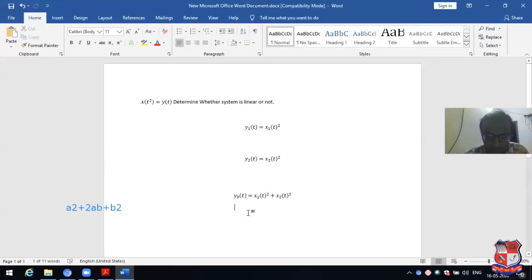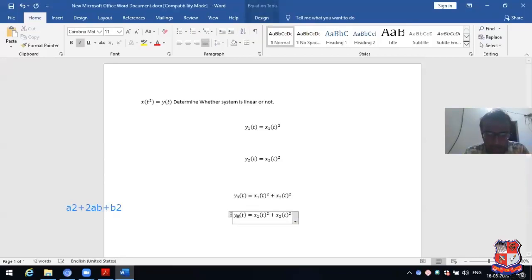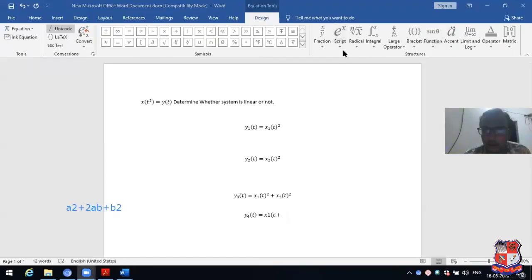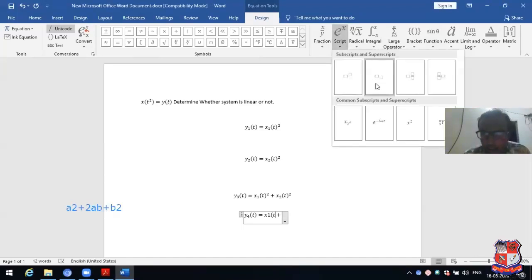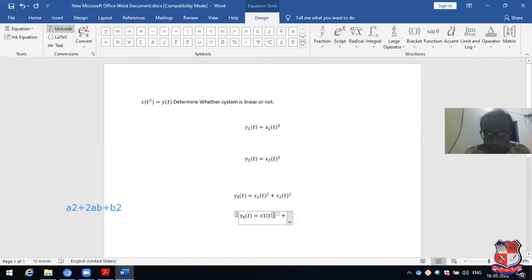So here y4 of t equal to x1 of t plus x2 of t.